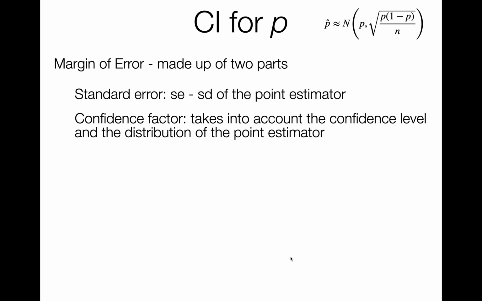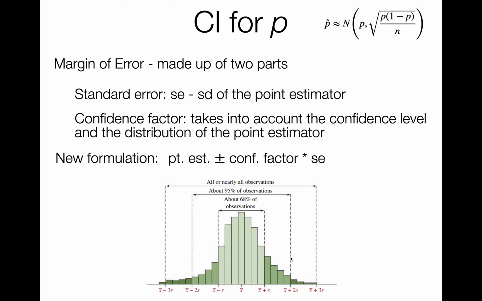That's going to change our interval. So the new formulation of our confidence interval is this. All I did was split up the margin of error into the confidence factor and the standard error. For this case, we know that P hat is approximately normal, so we can use the empirical rule type stuff to inform us about the confidence factor.